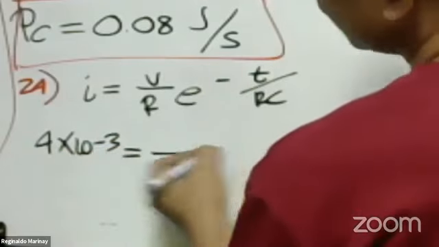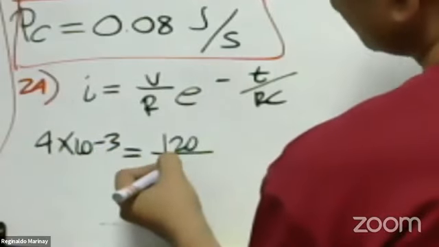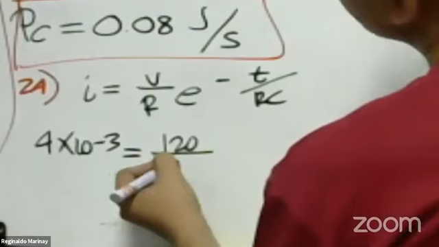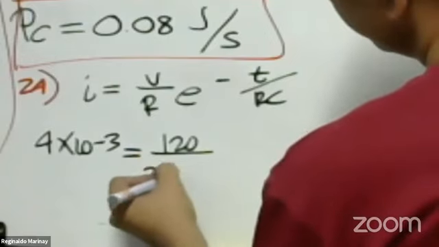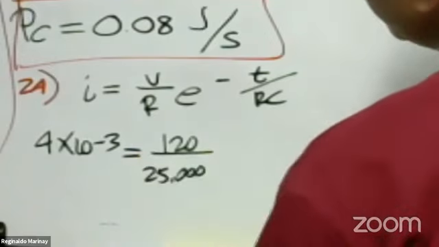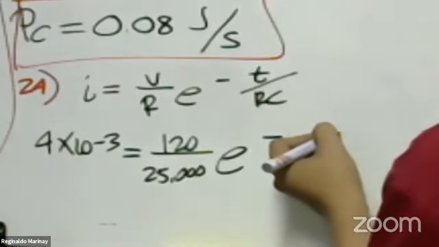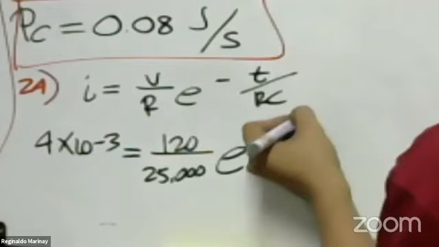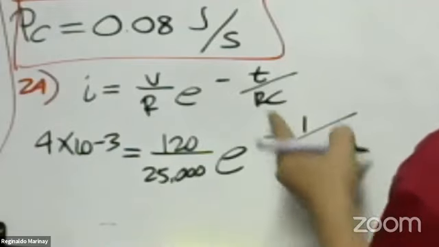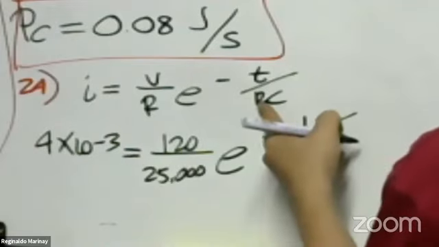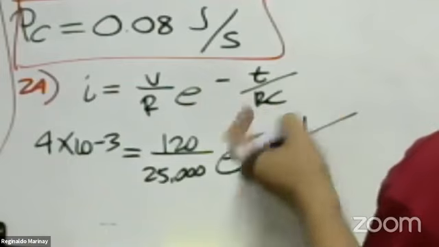What is our total voltage? 120. R is 25,000, right? Then e raised to negative t, 1 second, over RC. What is our R in our problem? 25,000.